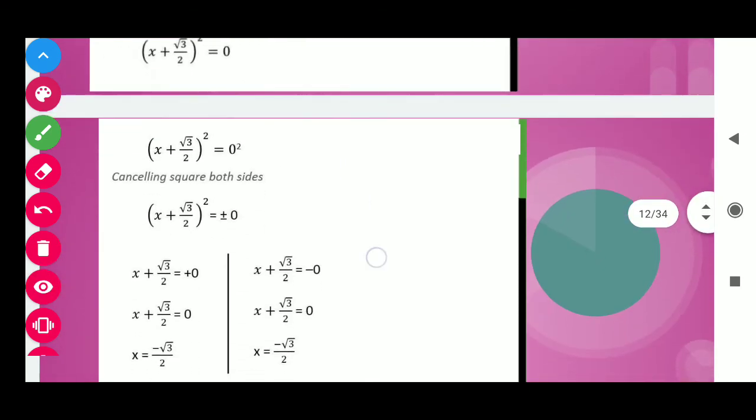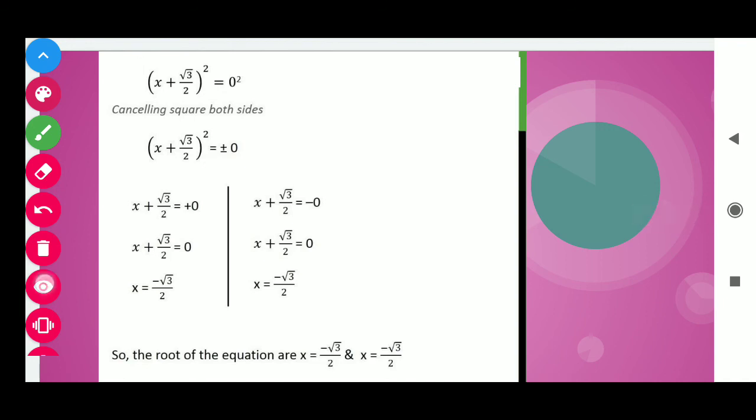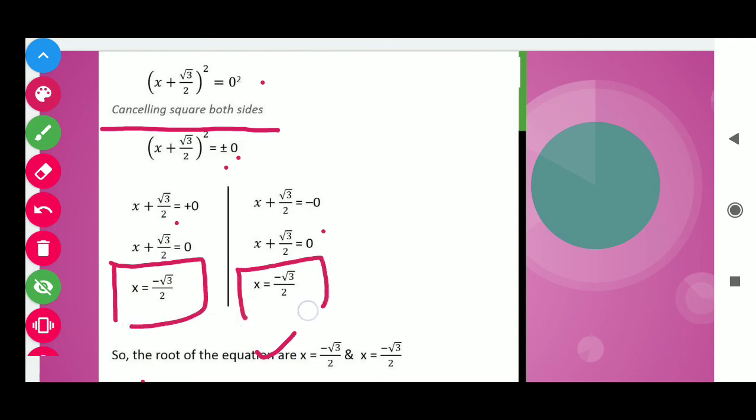Now students, you can see that the square root of 0 is again 0. On taking the square root on both sides we get the plus minus sign, but plus 0 and minus 0 are the same. In this way we have the same repeating roots. So our answer is x is equal to minus root 3 over 2.